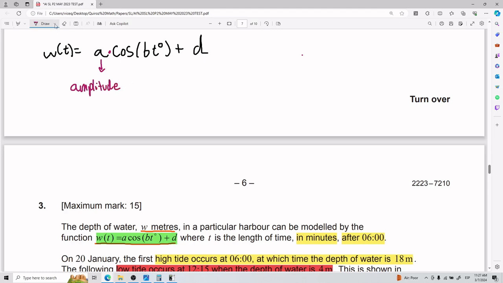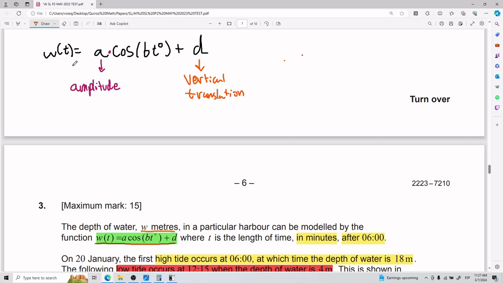The other big important piece of information that we need to learn is that D, okay, D is the vertical, I'm pretty sure it's translation. It's the vertical translation.